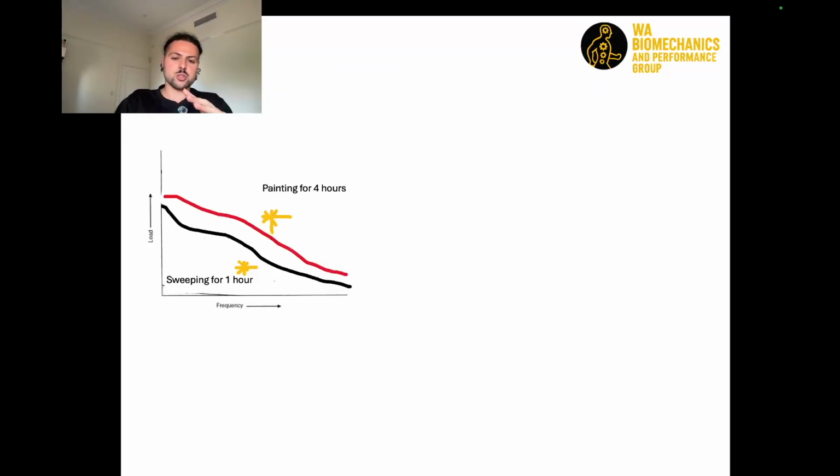And if we look at this visually, we can see it. So maybe this patient, this is prior to the injury, so sweeping for 1 hour sits well within their zone of homeostasis. Their shoulder is super happy doing this. It's under their envelope of function, it's under their load tolerance. But then that person goes and paints for 4 hours and that exceeds both the load tolerance and the person's envelope of function.